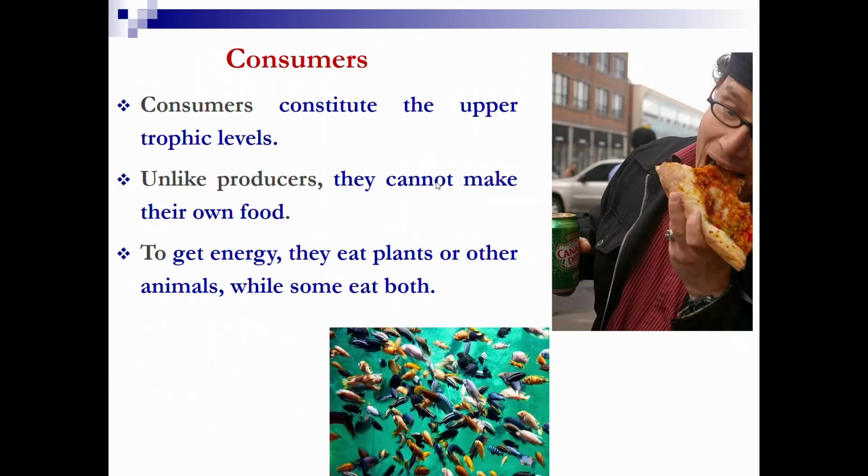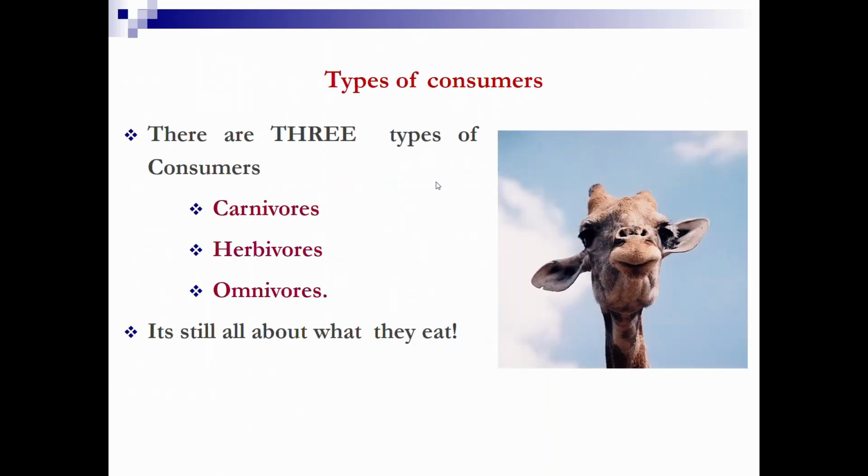Then consumers are the next upper trophic level of the biotic component. Unlike producers, they cannot make their food by themselves like plants. They get their energy from plants and also from animals, which may eat either plants or animals or both.